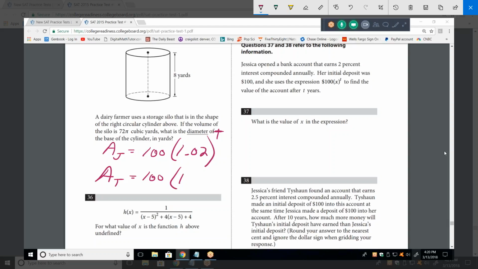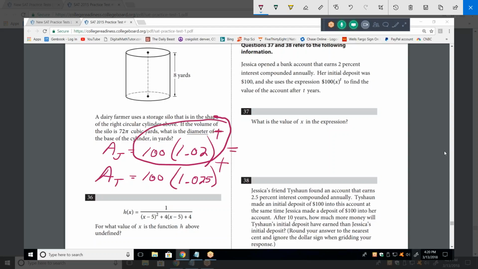So if I add 2.5 to this, I get that number. After 10 years. So in your calculator, you need to come up with a number after plugging in a t of 10.